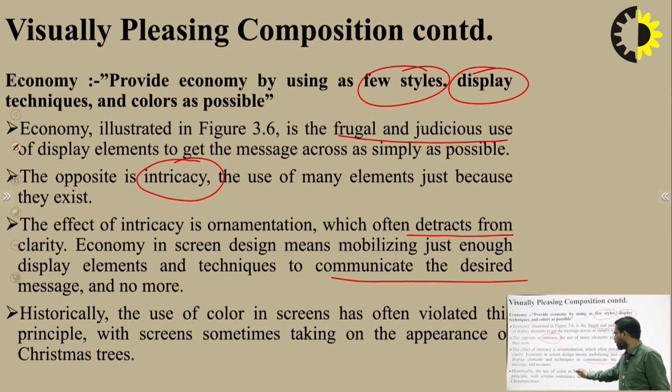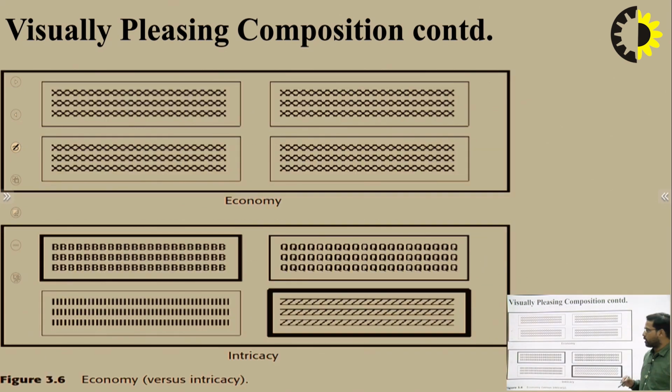Historically, the use of color on the screen has often violated this principle, with the screen sometimes taking the appearance of a Christmas tree. For example, here is the same design and the same style. All four boxes have the same style, but in the intricacy there are different options and different design styles. So that is not the economy part.